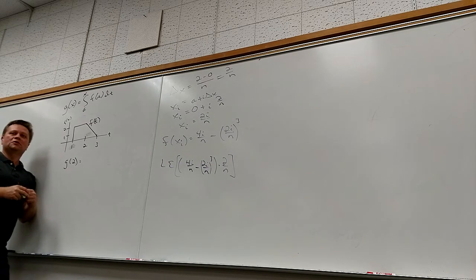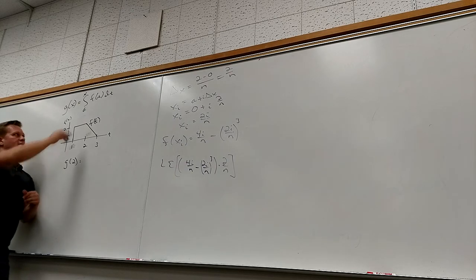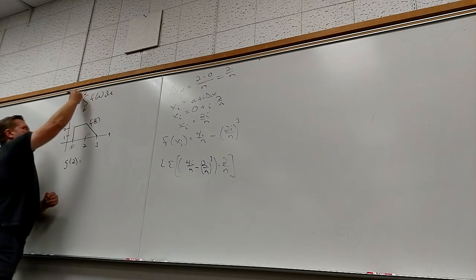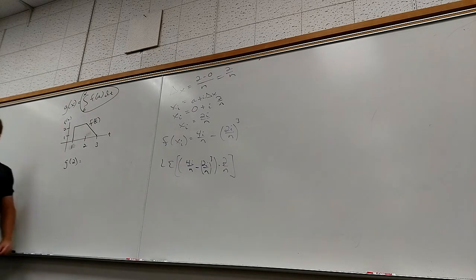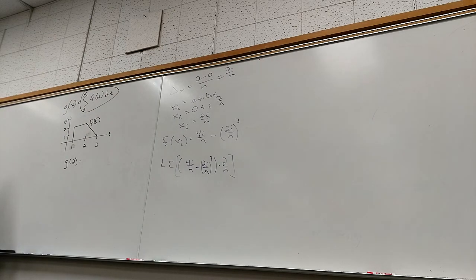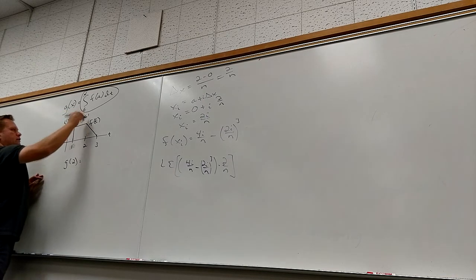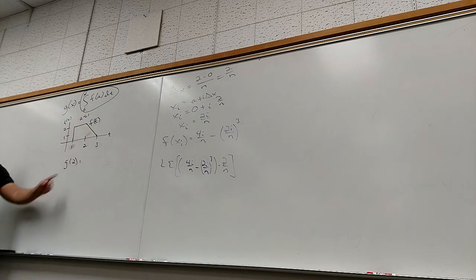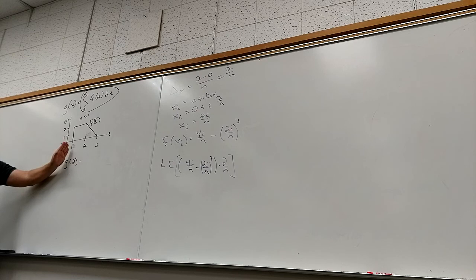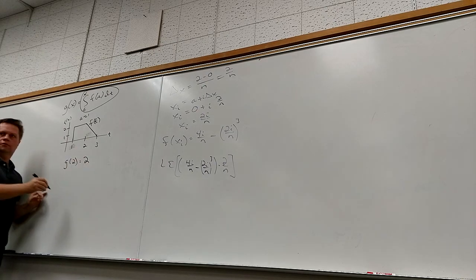What did you find? What does this ask you to find? What is this physically? The area. So here I'm assuming A is 1, is of course where things are starting. So g of 2 would be the area from 1 to 2. It's just a rectangle. 1 times 2, so that's 2.